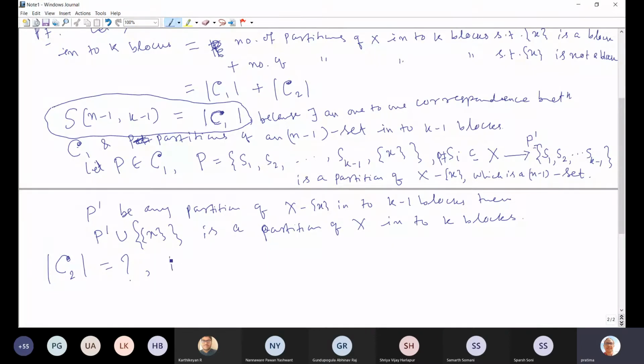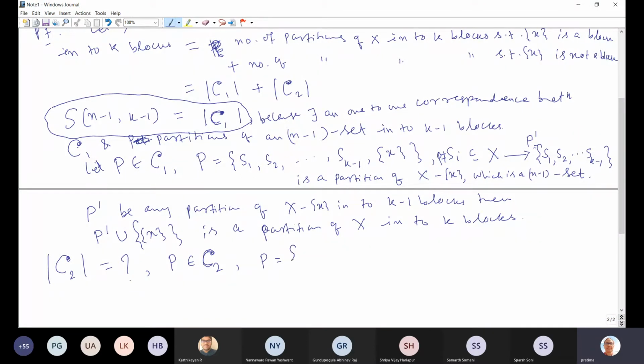I want to say that if P belongs to C2, then P will look like this.